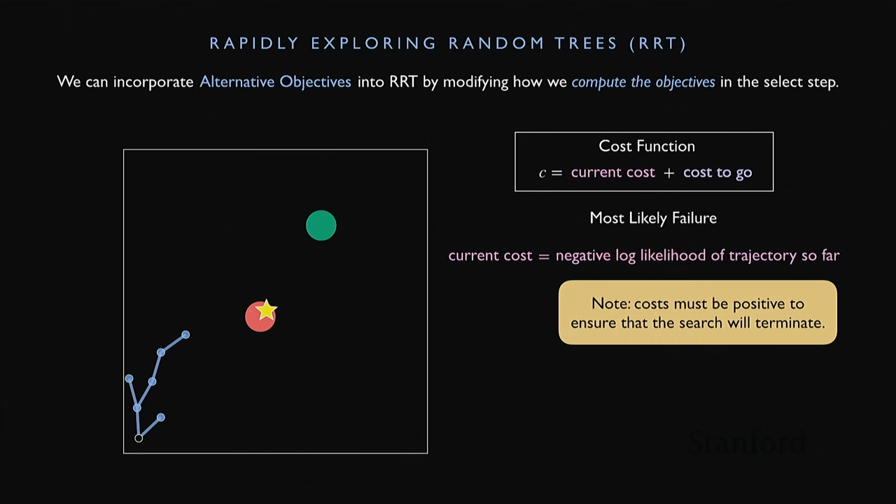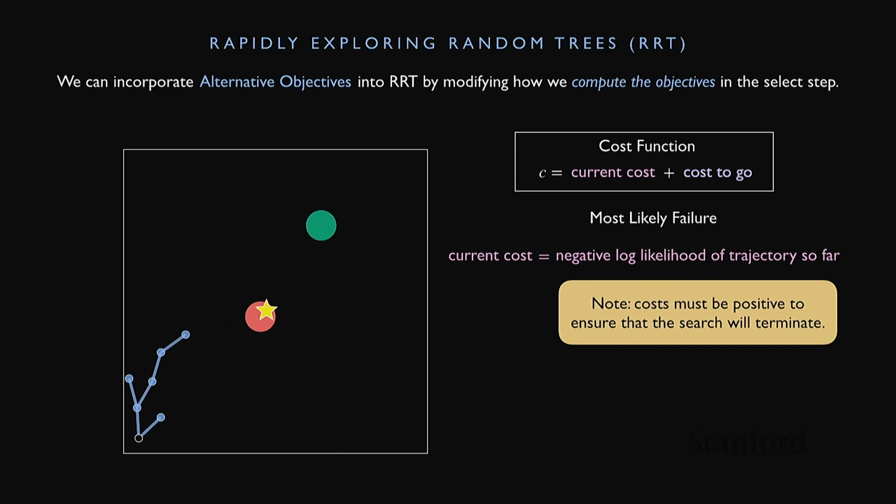One note here is that costs must be positive to ensure that the search will terminate. If costs were negative and we're trying to minimize cost, then we could just go in circles forever, kind of like that boat in that one game we saw. We could go in circles forever and continue to minimize our cost. So we need to make sure that costs are positive so that we encourage the search to terminate.